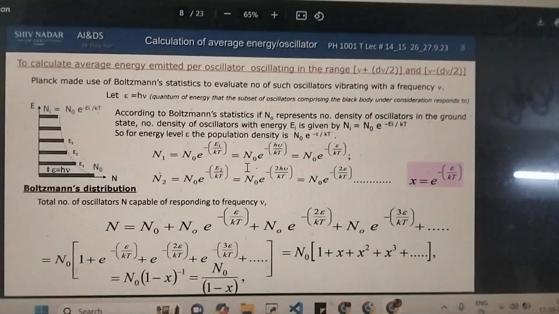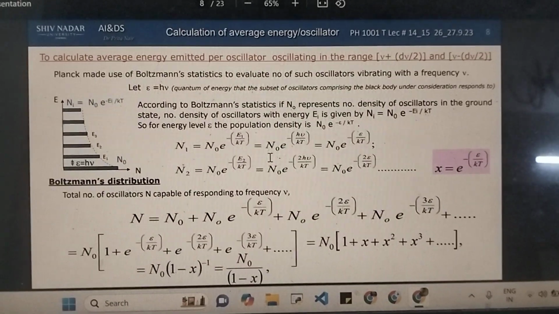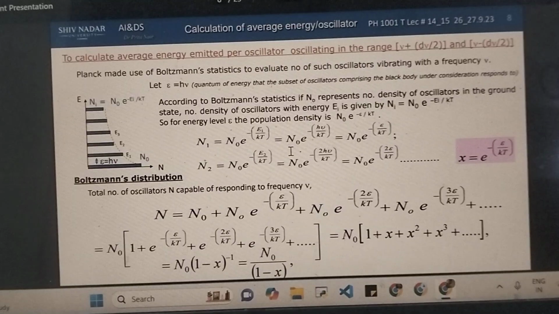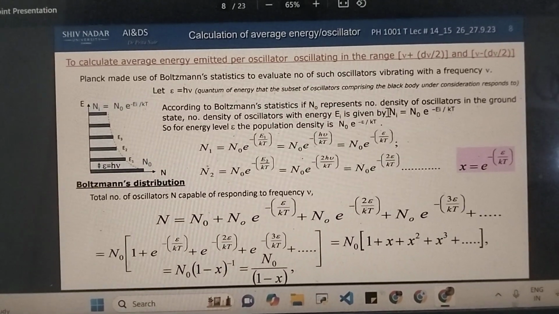To calculate the average energy per oscillator, Planck used a theory given by Boltzmann. So what did Boltzmann say?